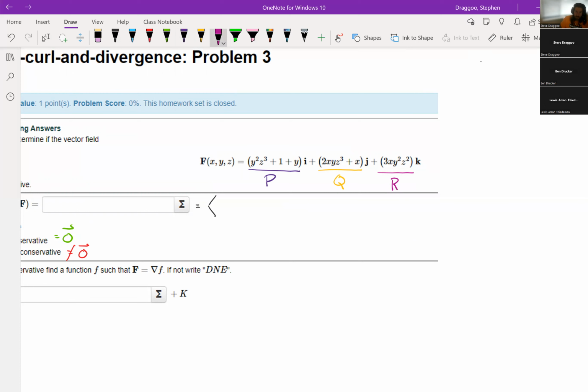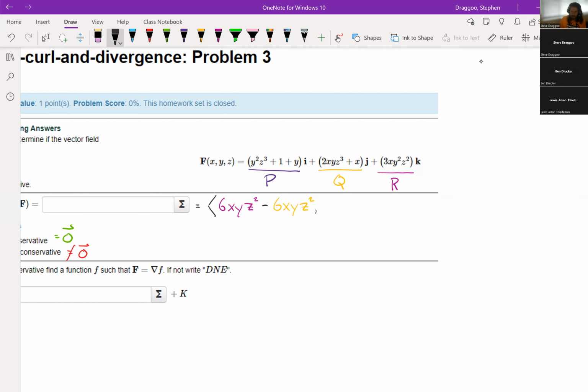So I want r partial y, which should give me 6xyz squared. Minus q partial z. So if we take our derivative there, partial of z, 3 times 2 is 6xyz squared. And if we take that difference, we'll see we get 0.